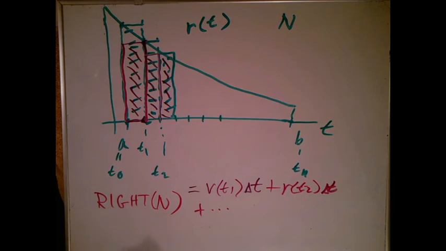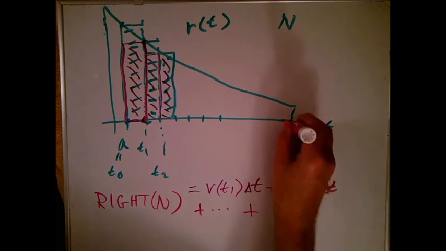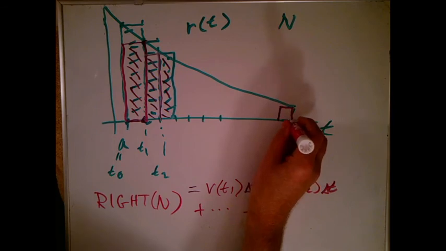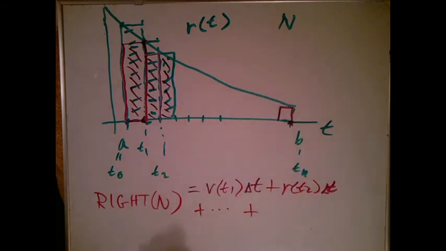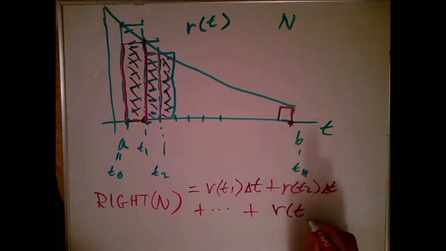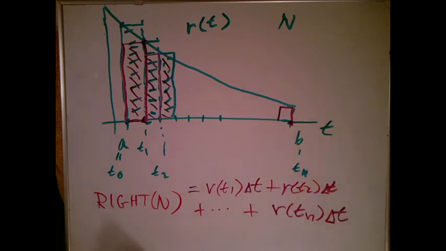I guess those are officially the yada yada yada dots. When I get to the very last one for the right sum, it's going to look just like that. And you can see I actually used that last dot to plug in. I use that last dot to plug into the function. I get r of tn. I multiply by the width. And I get the right Riemann sum. Remember, that's just the sum of areas of rectangles.